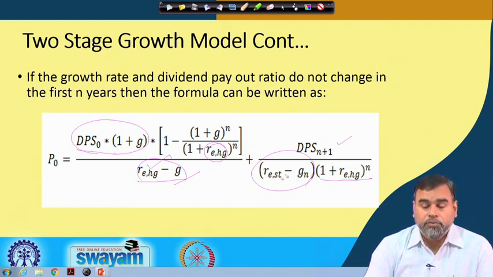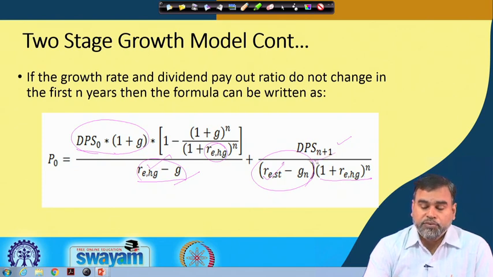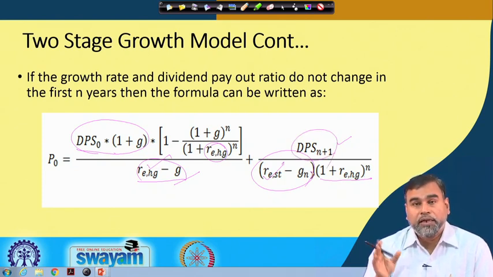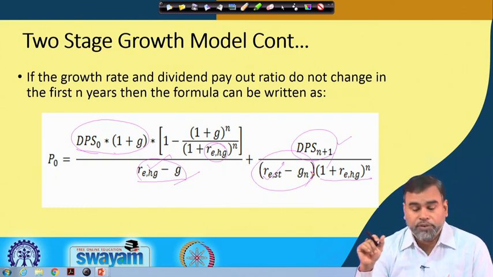That means DPS n plus 1 divided by 1 plus r e s g to the power n, then whatever price you are getting, you again discount it with respect to this stable growth cost of equity. Finally, the present value of that terminal price can be calculated. So, DPS n plus 1 divided by 1 plus r e to the power n is basically nothing but the value we are getting at the end of the supernormal period.